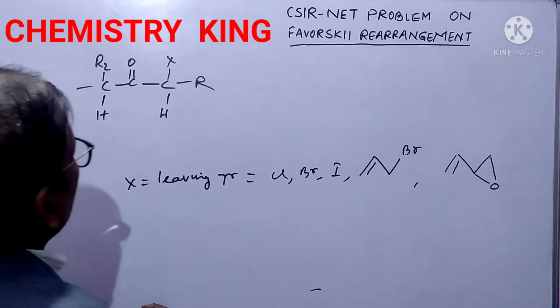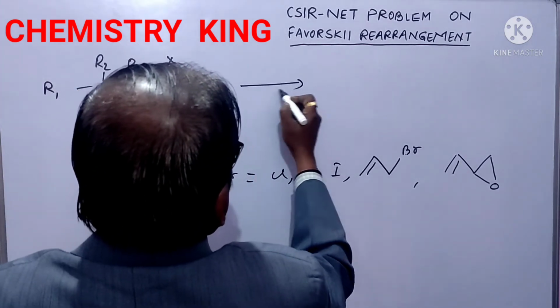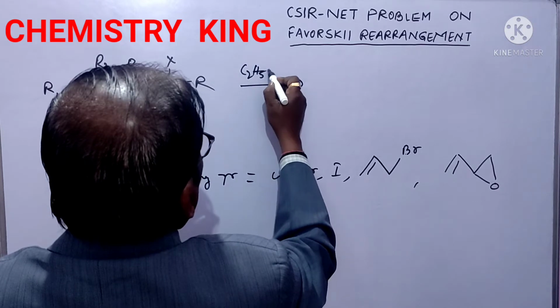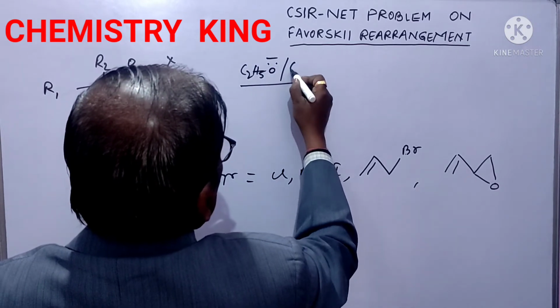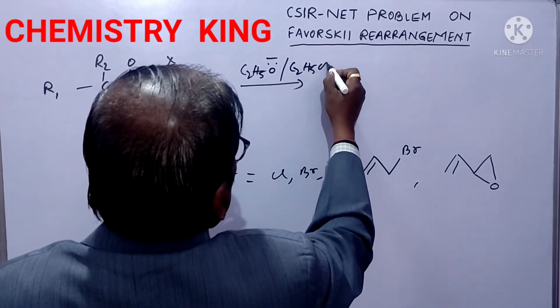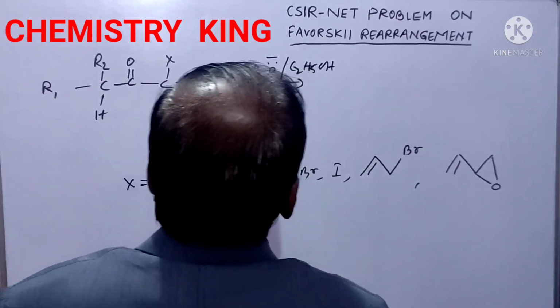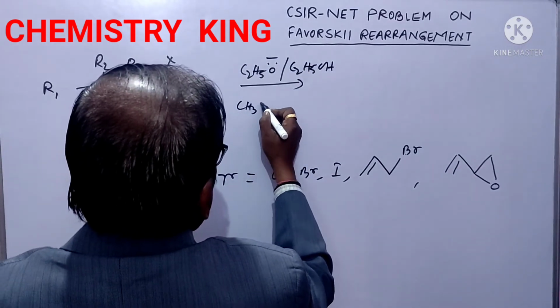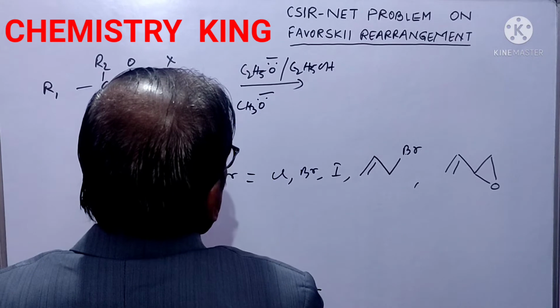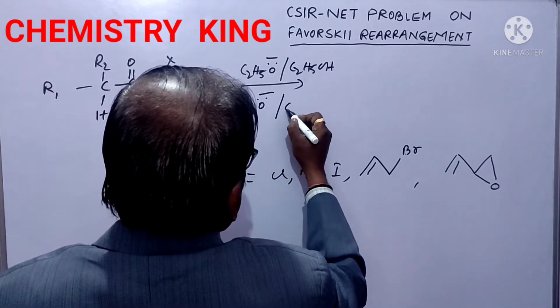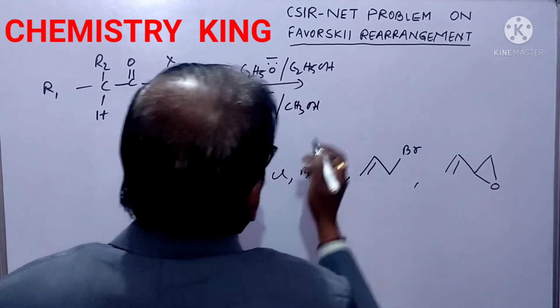Okay? Here you are taking ethoxide ion. If ethoxide ion is taken, the solvent ethyl alcohol we take. And if methoxide ion, sodium methoxide is taken, solvent methyl alcohol is used.